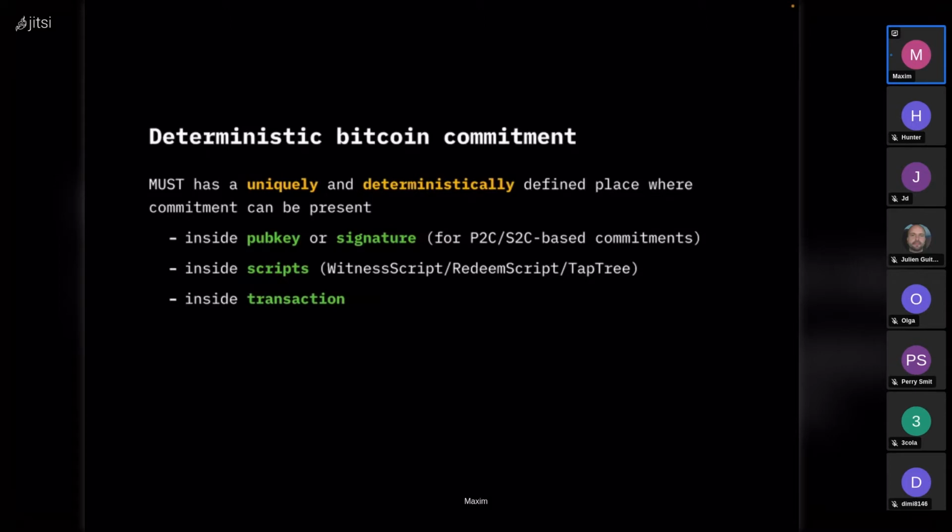We have to uniquely and deterministically define a place where a commitment can be present on three levels: inside a public key or signature for pay-to-contract or sign-to-contract commitment; inside a script, because if you have an output that contains a script, and in Lightning Network all outputs contain a script, you need to find a way to define which specific public key among all the public keys used in the script contains the commitment; and finally, inside the transaction.